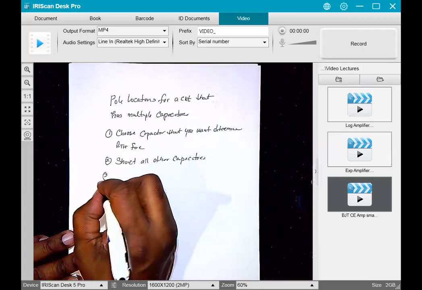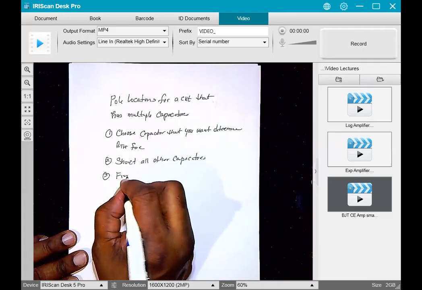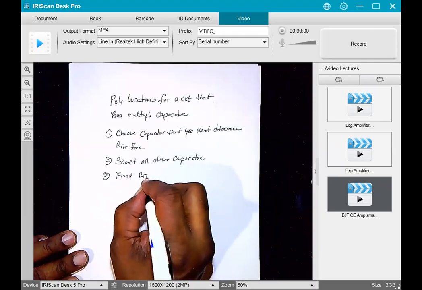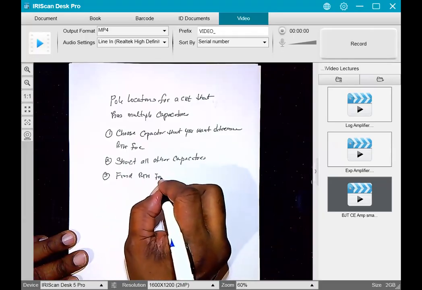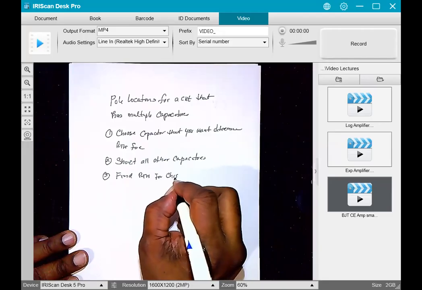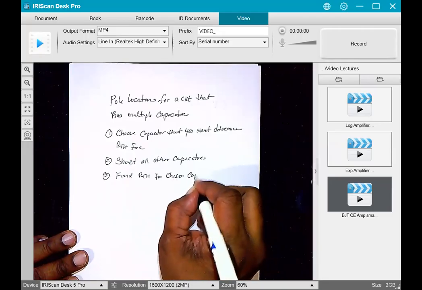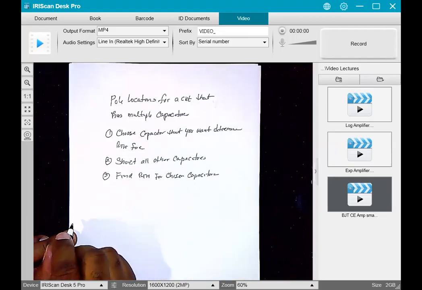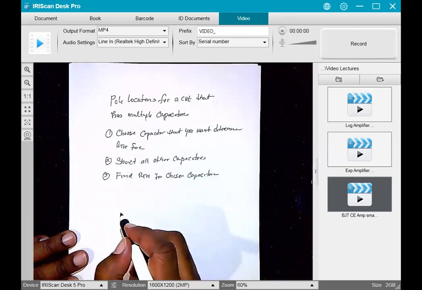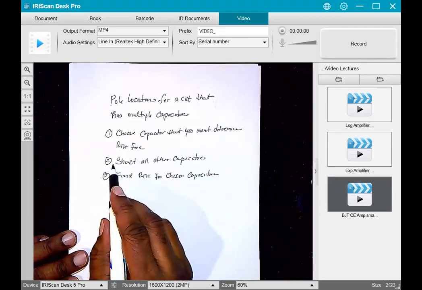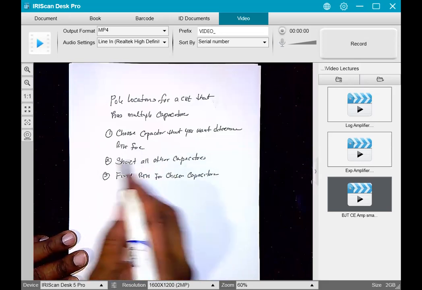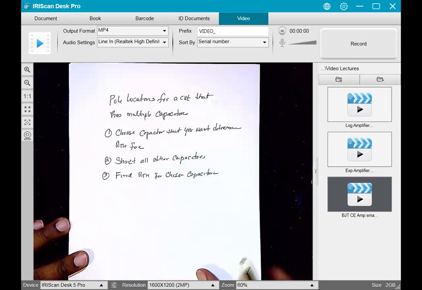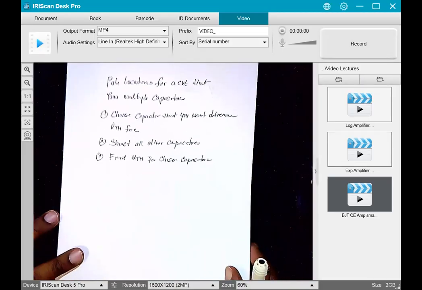And then three, find our Thevenin for your chosen capacitor. And once you've done this for one capacitor, you short another capacitor and you put the other one back in the circuit and you just repeat this. So in the case of 3 capacitors, you have 3 R Thevenins.